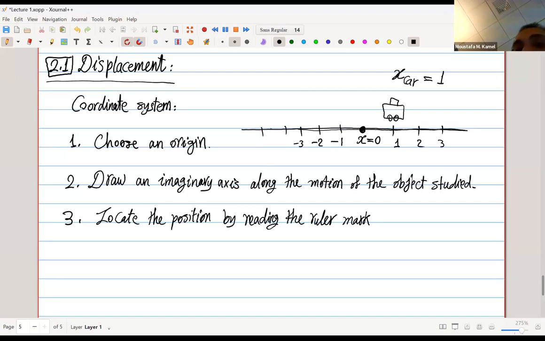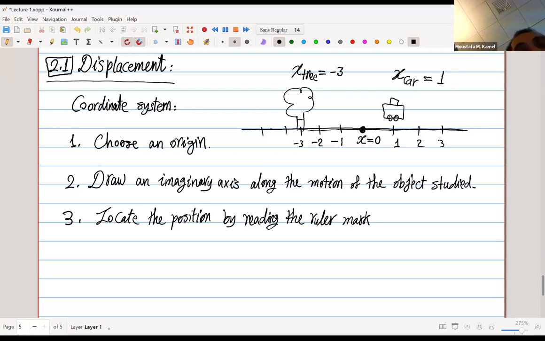If instead I said, okay, there is a tree here, then the position of the tree will be -3. And the interpretation of that statement is that it's 3 meters behind the traffic light. So positive and negative indicate directions, and position is just a number that tells you distance from the origin point.